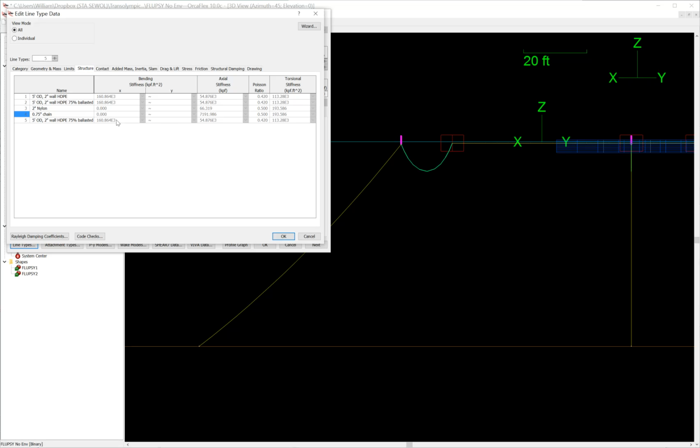We model the structure, so we have a bending stiffness which is 0 for those two lines, and an axial stiffness and a Poisson's ratio. Then we have added mass coefficients for accounting for the wave loading and motions, and we've got drag coefficients.